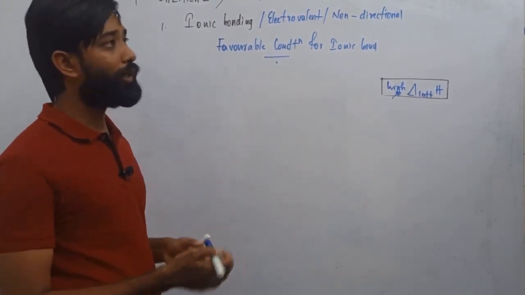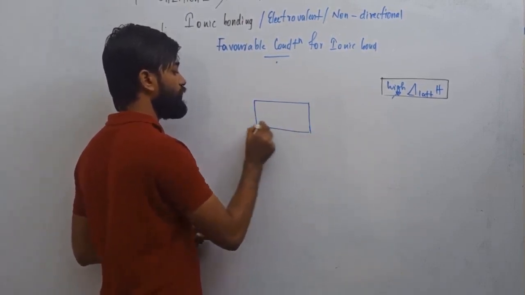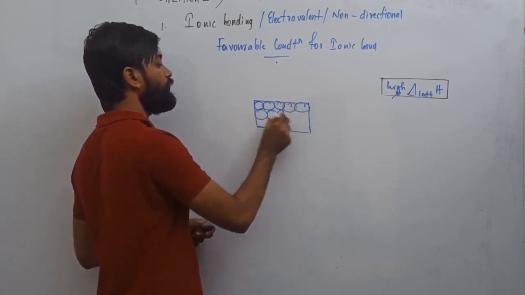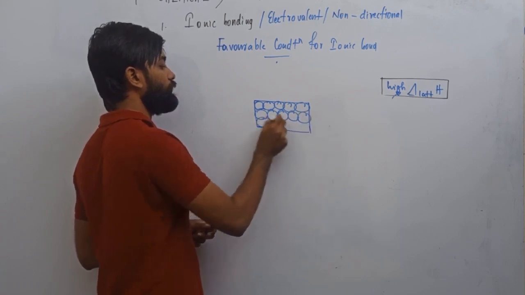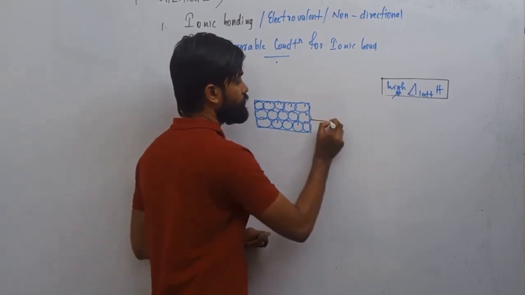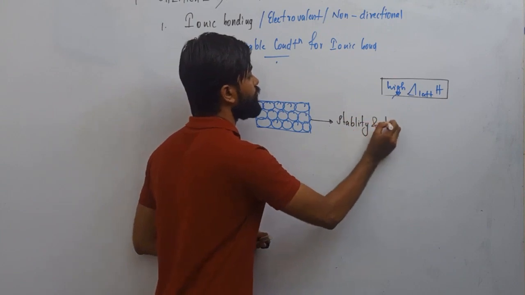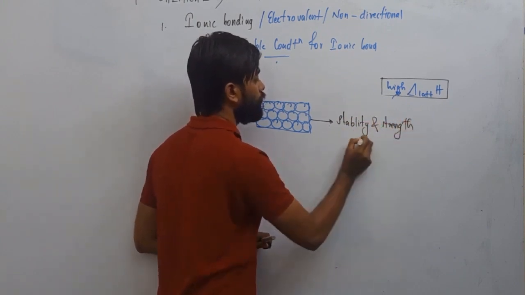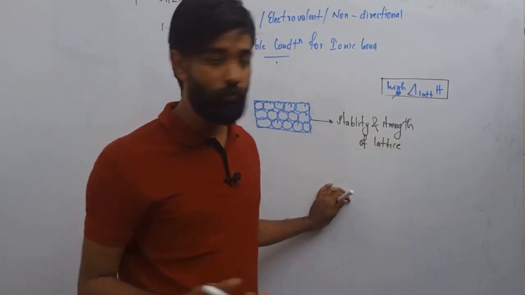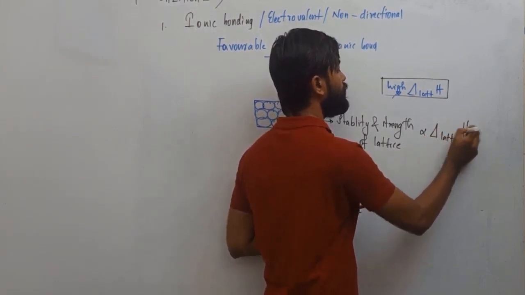So how can we connect the lattice energy in terms of charge and distance? We know that if this is a crystal lattice, the stability and strength of the lattice is greater if it is a strong or more stable lattice, which means its lattice energy will be higher.